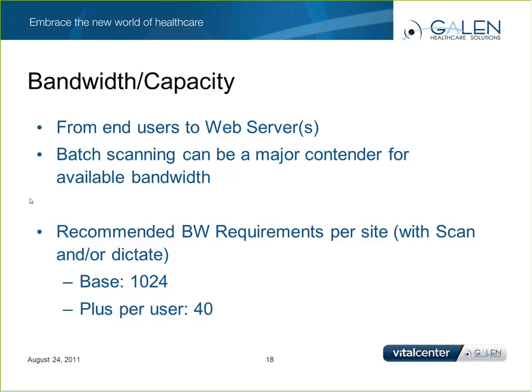This is the requirement for that: a base connection of 1024 plus per user of 40. The requirement for each of those scan stations is another 512. So those, as you can tell, would add up pretty quickly. If you have 4 or 5 scan stations, you're looking at multiple T1s or a fiber connection to the data center.